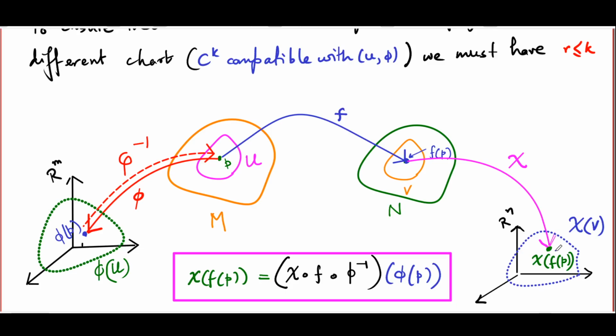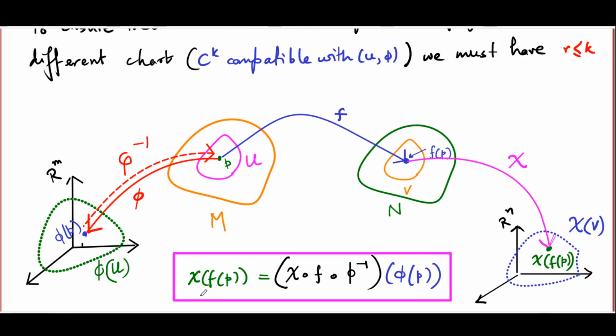Let's call them y1, y2, up to yn. Notice that chi of f of P, which are the coordinates which we assign the image of the function f, is essentially a bunch of n real numbers, whereas the point P can be denoted here by a bunch of m real numbers, the components of phi of P, what I have called x1, x2, up to xm.